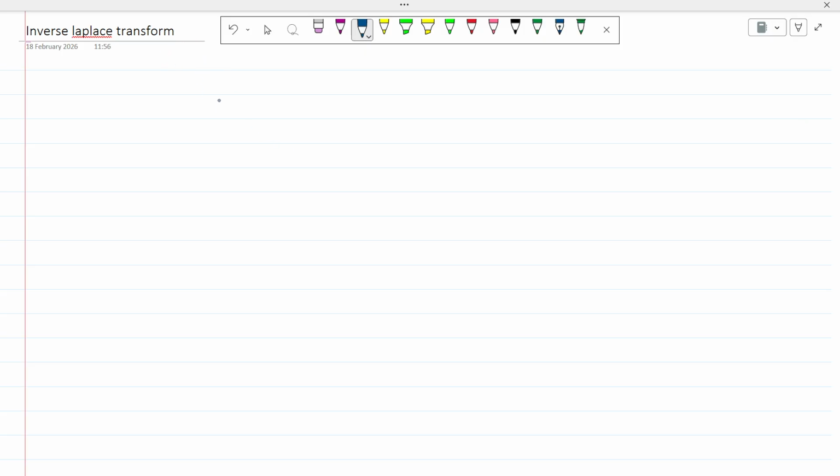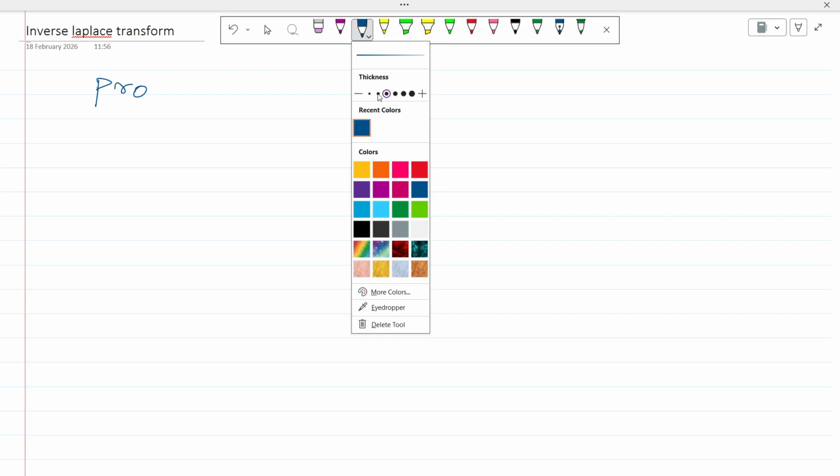Write the heading: properties of inverse Laplace transform. Write fast. Properties of inverse Laplace transform.